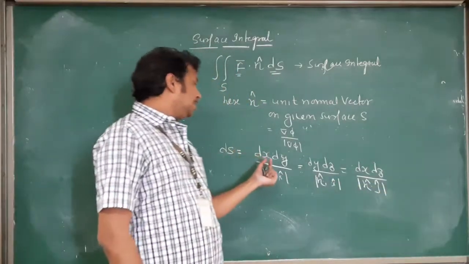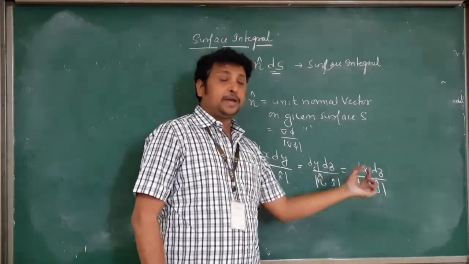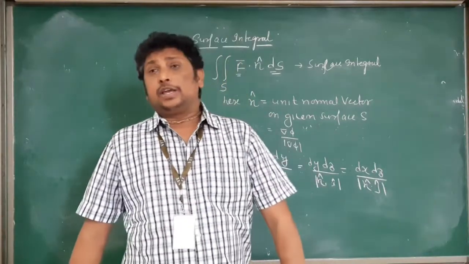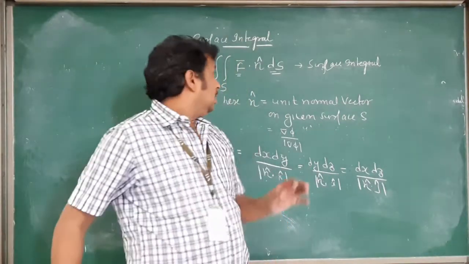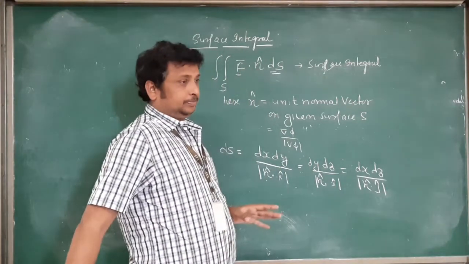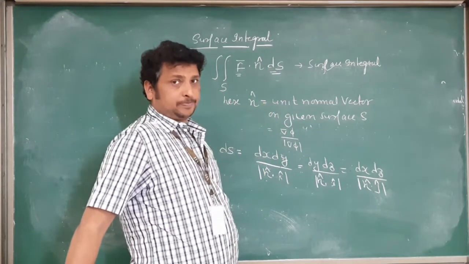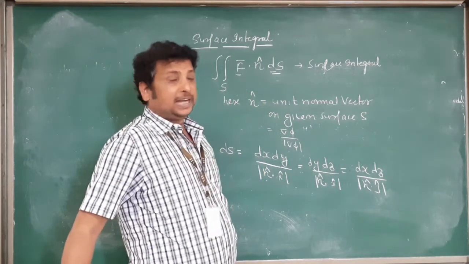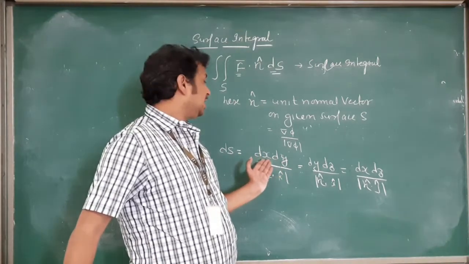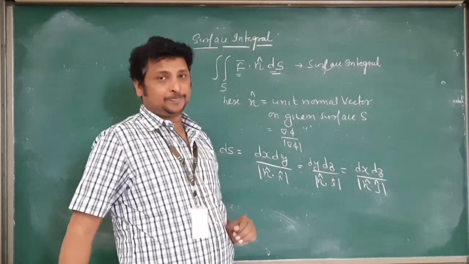So either you take the projection on the xy plane, yz plane or xz plane. Which one is better, I will tell. If you calculated F dot n cap and it contains only xy terms, it is better to go for projection on the xy plane, meaning dx dy upon n cap dot k.